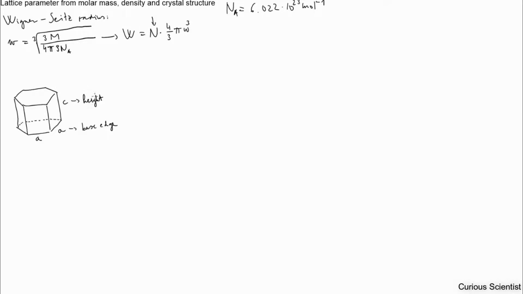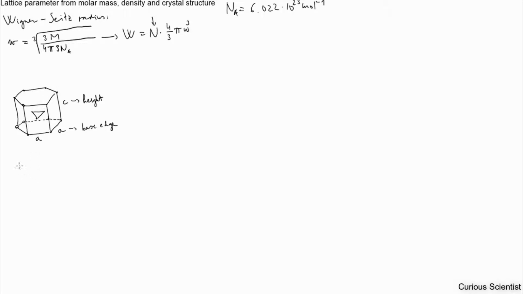So let's count the atoms. There is an atom at each of the corners, and there are 3 atoms in the body, and then we have 6 atoms here as well.